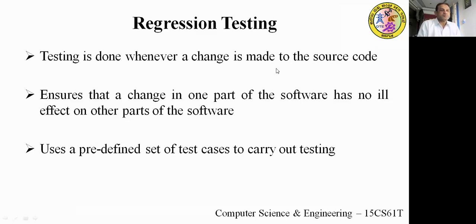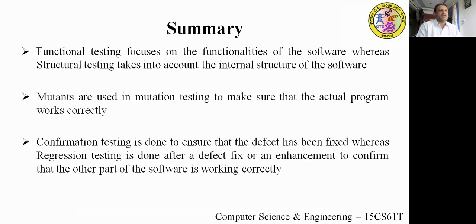Regression testing: testing is done whenever a change is made to the source code; it ensures that a change in one part of the software has no ill effect on other parts; it uses a predefined set of test cases. So we call this regression testing: you are testing again and again using the same set of test cases whenever any modification has been done to the software.